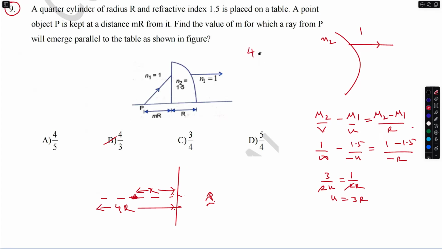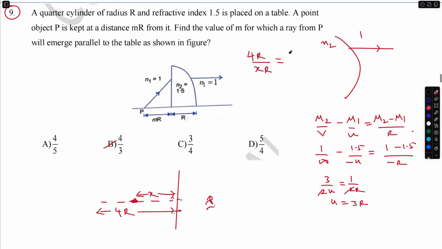See, 4R by x is the refractive index of the prism. Now, what is U, 3R or R?